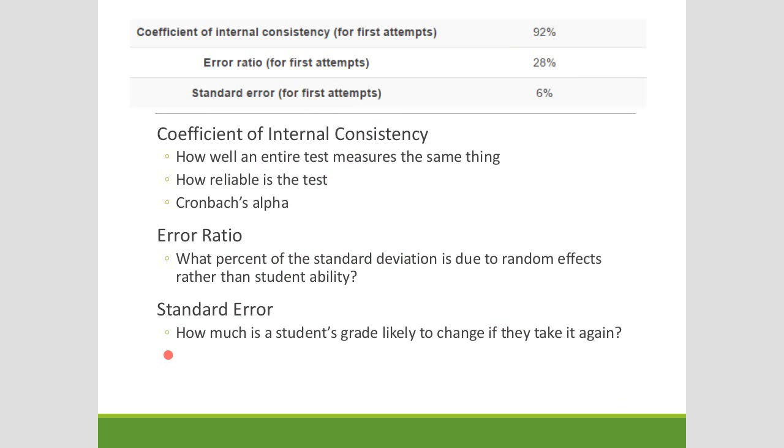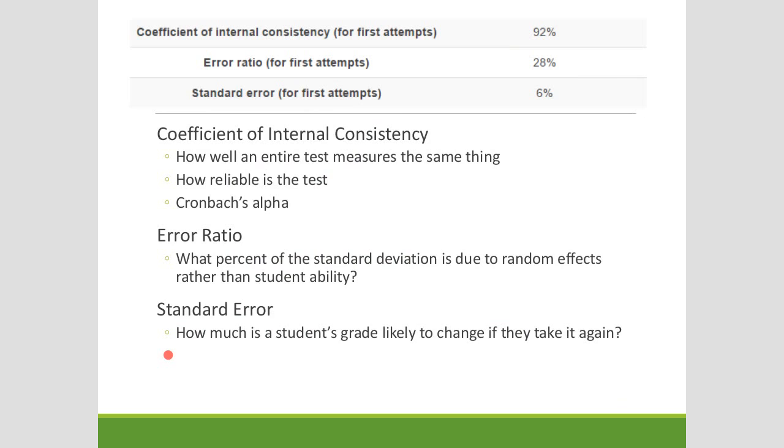Essentially this is a measure of how reliable the test is. You want this number to be as high as possible. You are never going to get 100% on a test, but you can try to get as close as you can. Getting up to 90% is amazing. This is usually something you only find with standardized tests that have been run through a bunch of iterations to make sure that they do well.